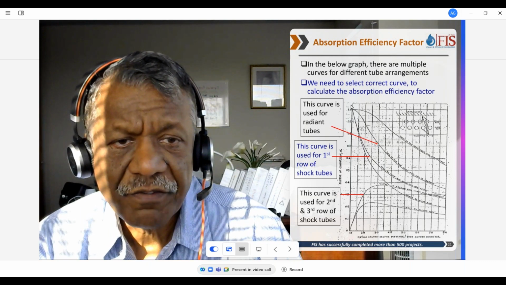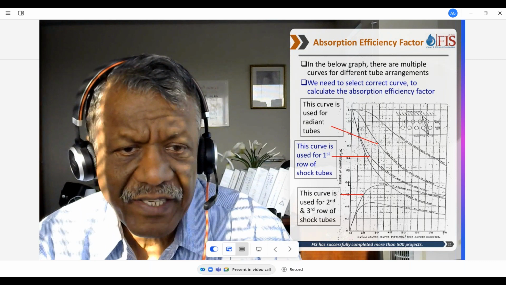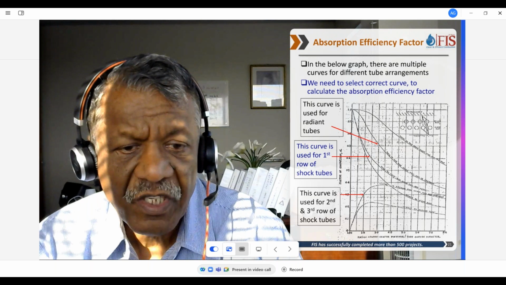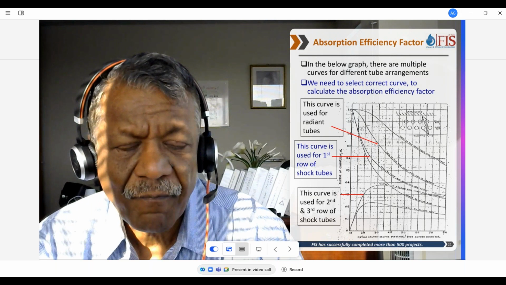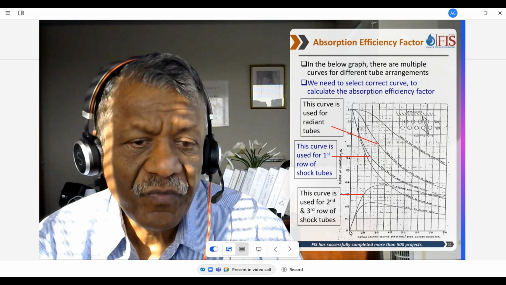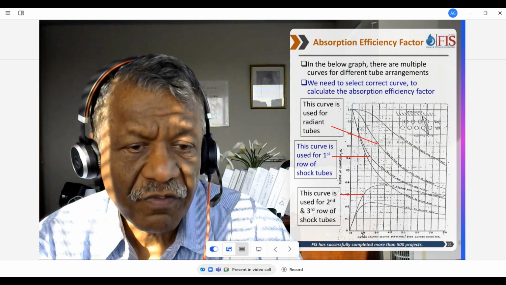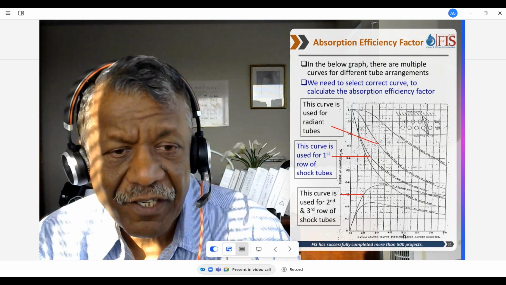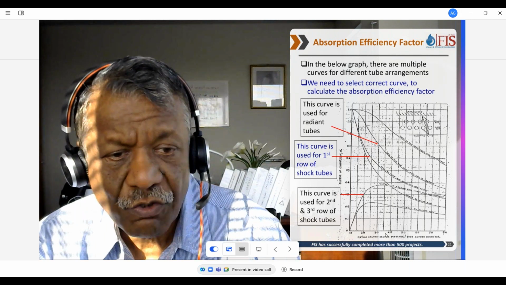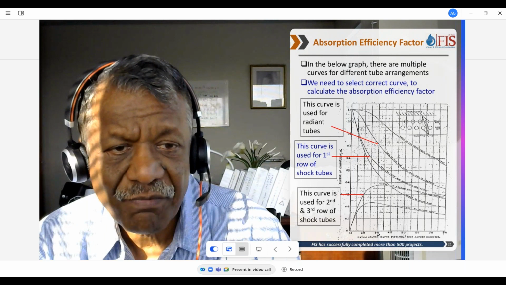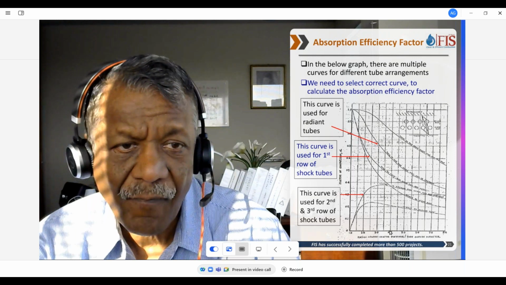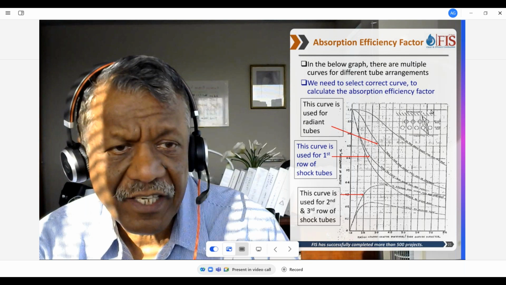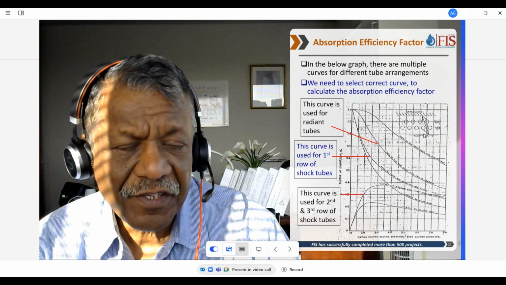On the y-axis, we have the absorption efficiency, or alpha, from 0 to 1. And here we have the ratio of center to center distance by tube diameter. So this is like 1, 2, 3. Generally we stop at about 3. And you can see this is a refractory wall, and this is the radiating flames.